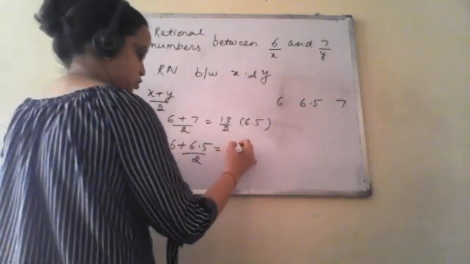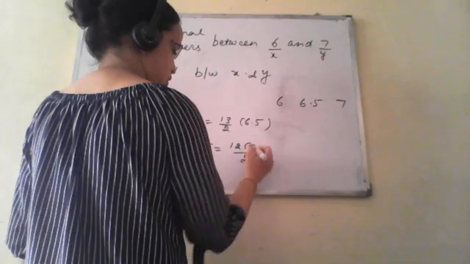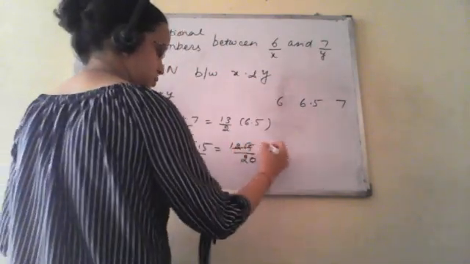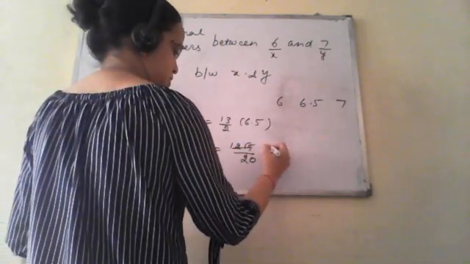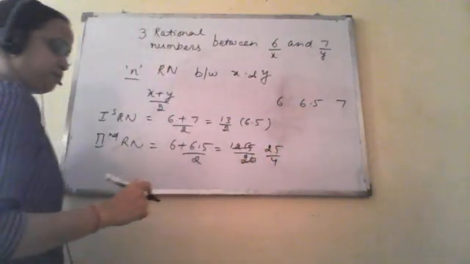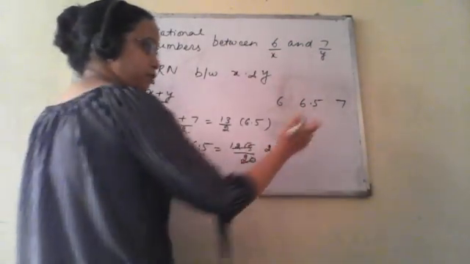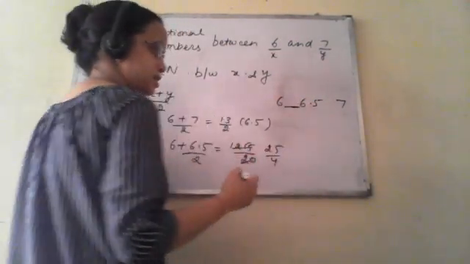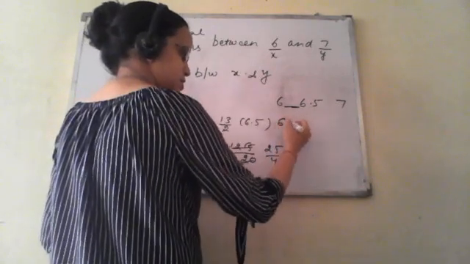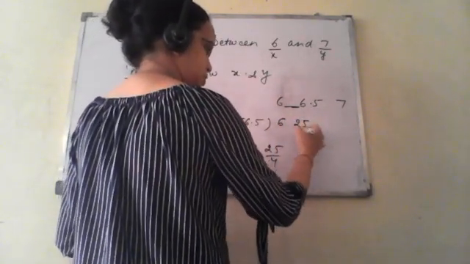So this is 12.5 upon 2, or simply 25 upon 4. Okay, so this 25 upon 4 lies between 6 and 7, and you can write it either in fraction form or in decimal form.